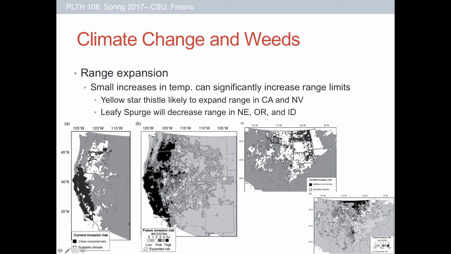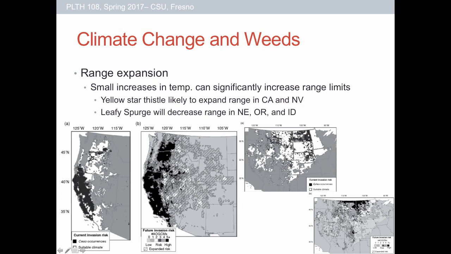What we've got on this map here is the western seaboard of the United States. In black, we have the current range of the yellow star thistle. And in white, we have all of the potential range of the star thistle, just under current climate conditions. In the future map, we have a color map showing the risk, with black being areas that are very high risk of infestation.